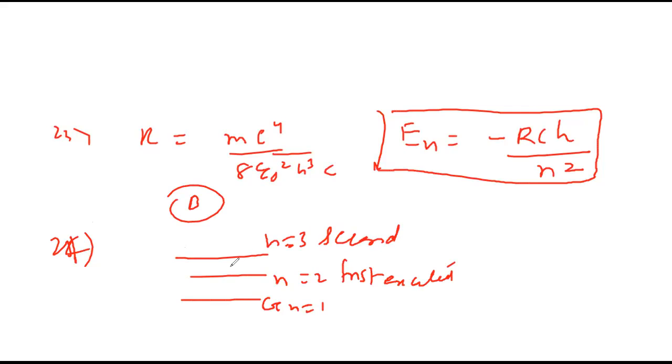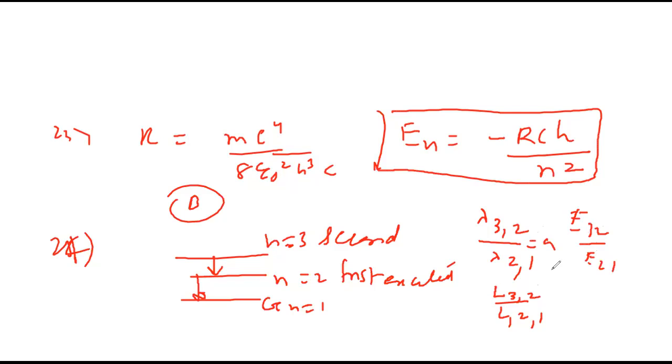When it jumps from third to second orbit, and then from second to first, the ratio of wavelength jumping from 3 to 2 and 2 to 1, the difference in angular momentum for 3 to 2 and 2 to 1, and the energy of photon from 3 to 2 and 2 to 1 are A, B, C. Then we have to check what is the required ratio.